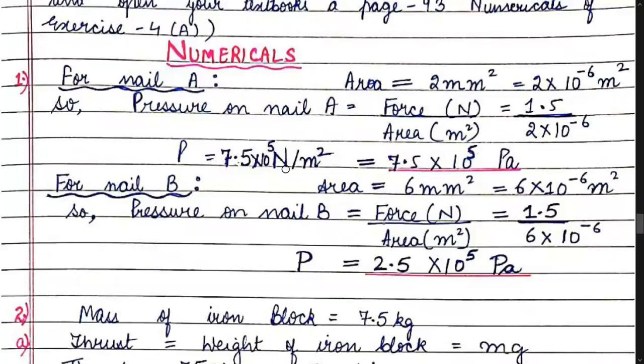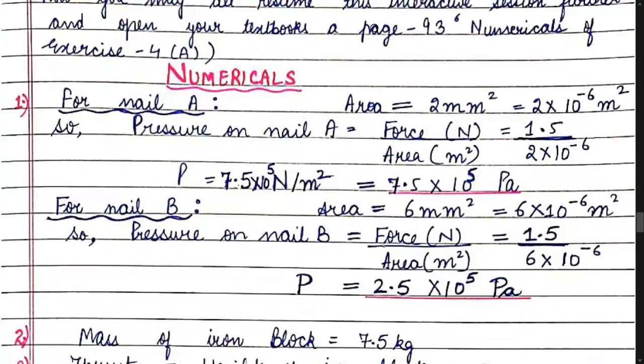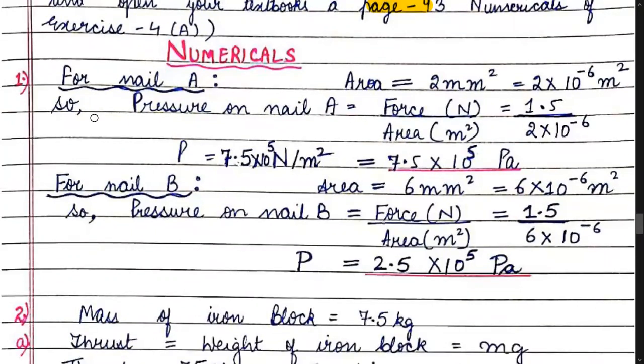Now, if you just open your book on page number 93, you can see numericals of exercise 4A. Children, in these numericals, we will be using the formula pressure is equal to force upon area and thrust, which is equal to weight of a body. In first question, there are two nails, nail A and nail B, whose area is given to you. Children, area was given in millimeter square.